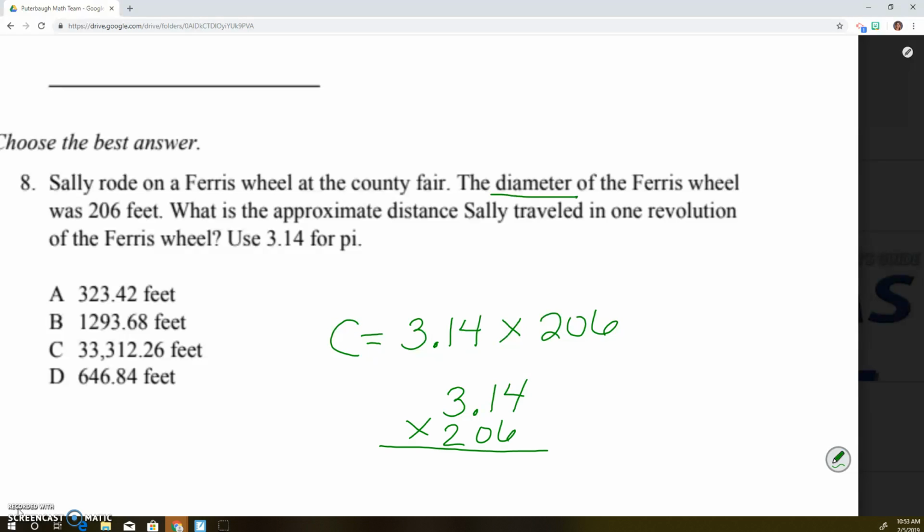Let's solve it. 6 times 4 is? 6 times 1 plus 2. 6 times 3?